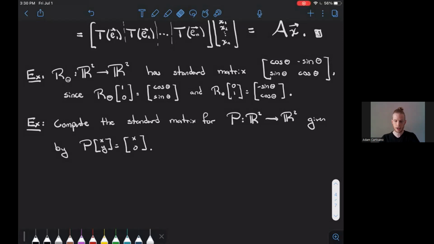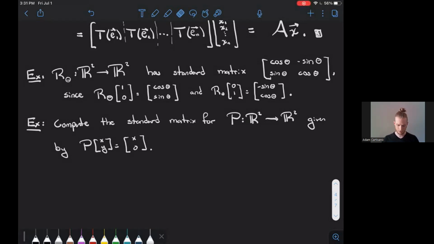The idea is you shine a light vertically in the xy plane on the vector, and you cast some kind of shadow on the x-axis. What will happen is you'll keep the same x coordinate because the light beams are going vertically. But you'll lose your y component because you're just a shadow on the x-axis.